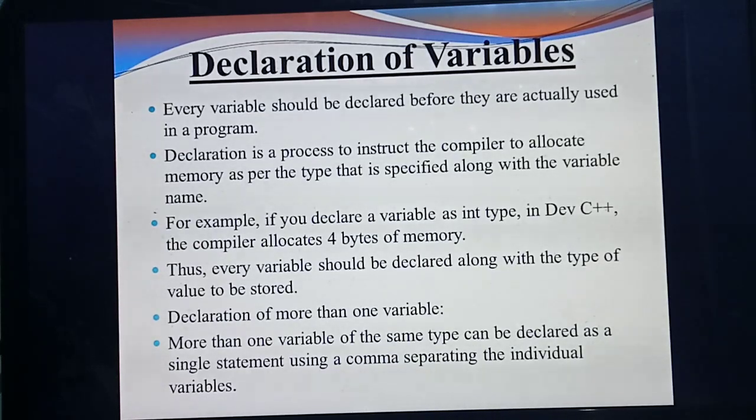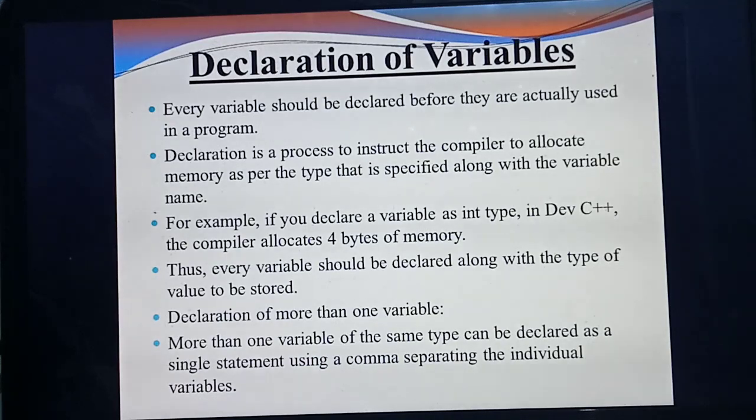More than one variable can also be declared in the same statement. In the same line itself you can declare more than one variable. Based on your wish, you can use a lot of variables: A, B, C, D, E, F. What's the condition?